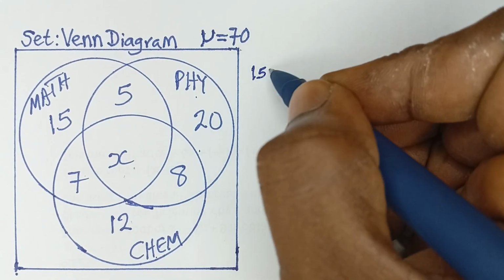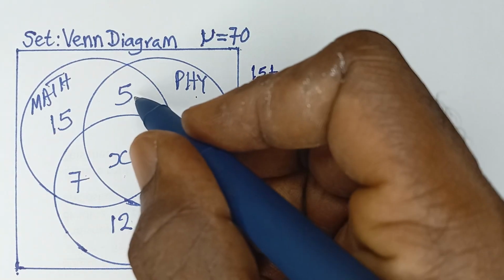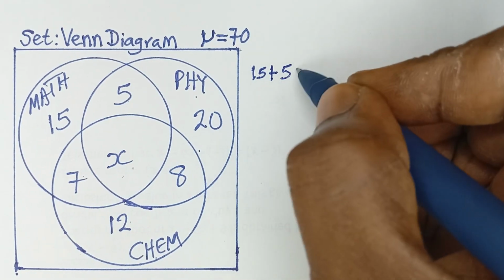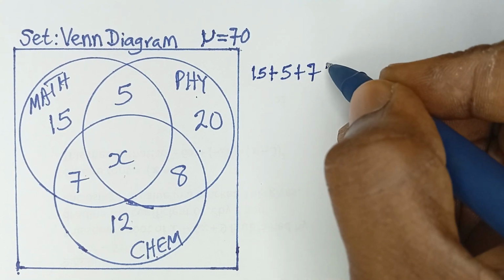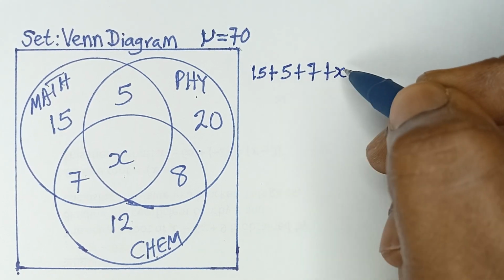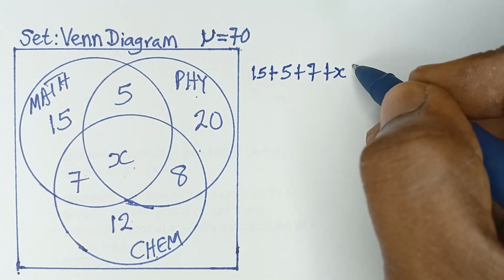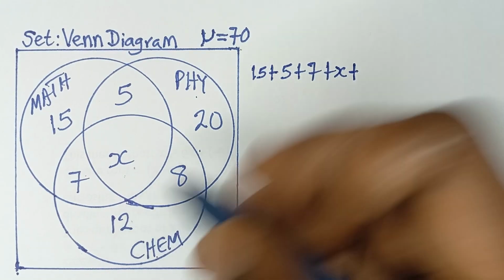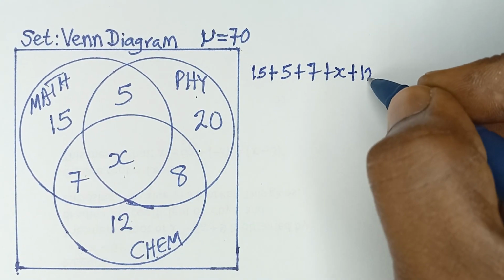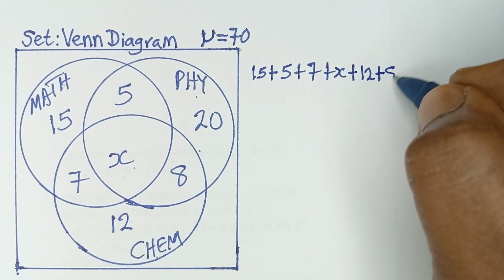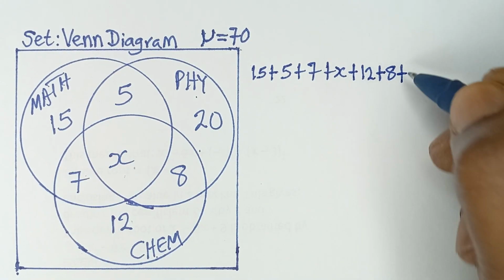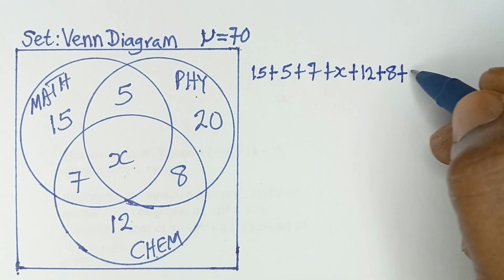We say 15 plus 5 plus 5 plus 7 plus x plus 12 plus 8 plus 20.